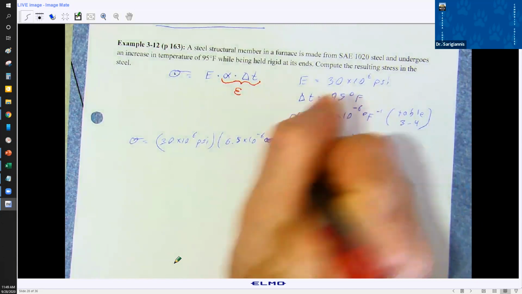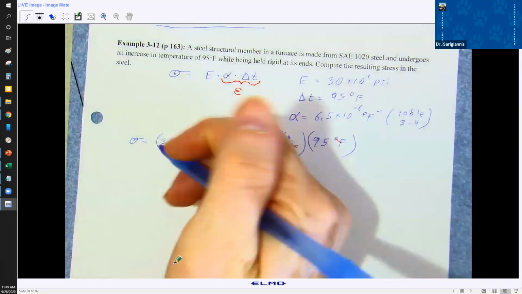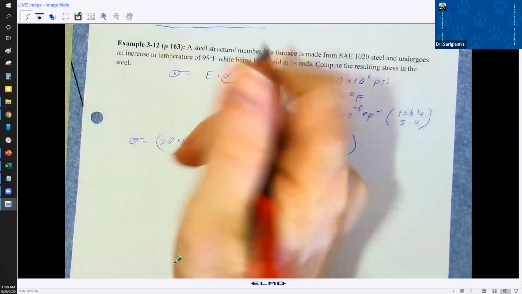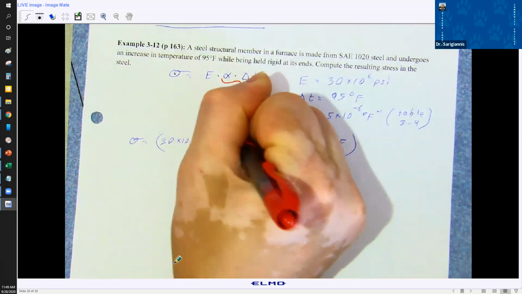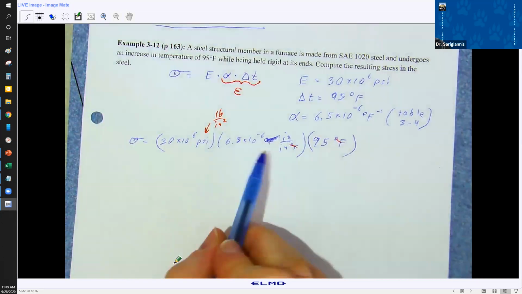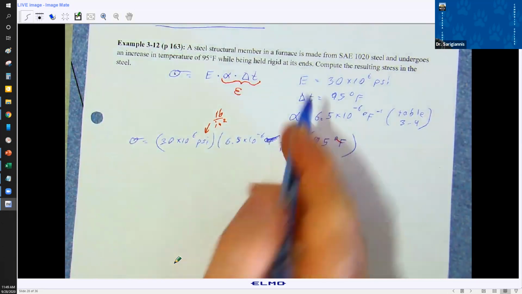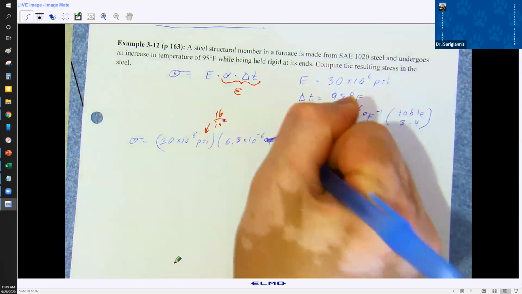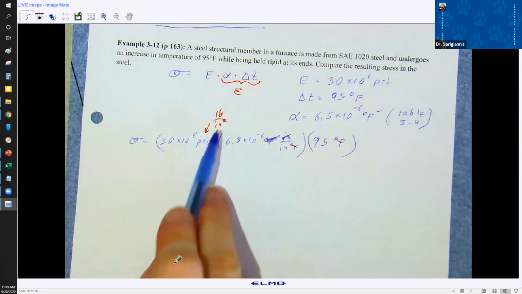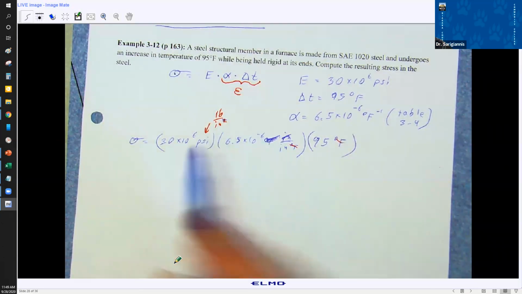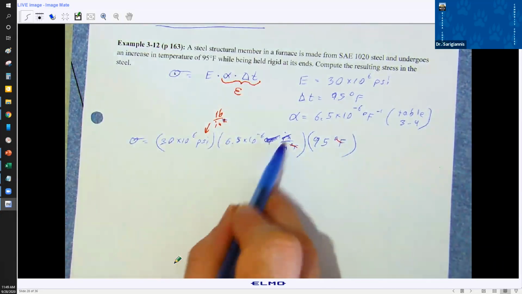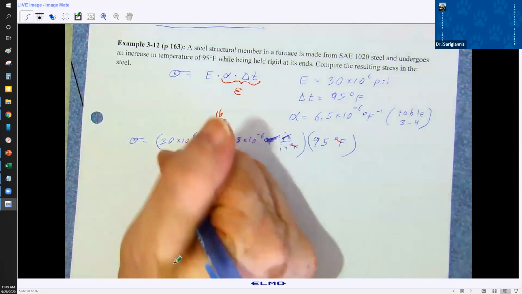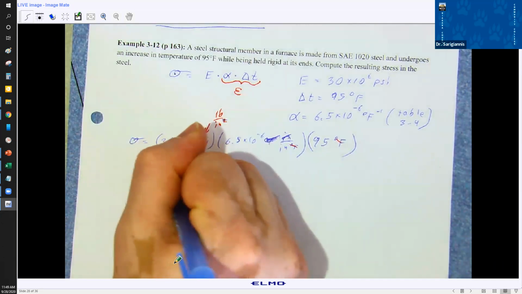Let me just rewrite this as a unit here. This is pounds per inches squared. You're going to wind up losing inches on top with the inches on the bottom, but you'll wind up multiplying again by inches, so you'll wind up with square inches. This is why you don't necessarily have to include the units, but I was doing it just to show you where we were.